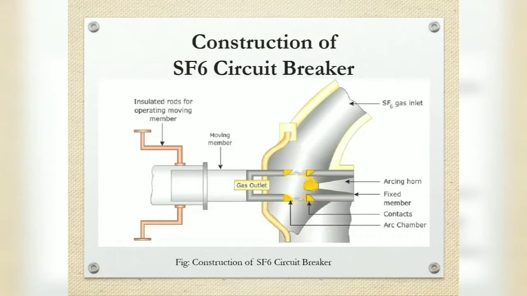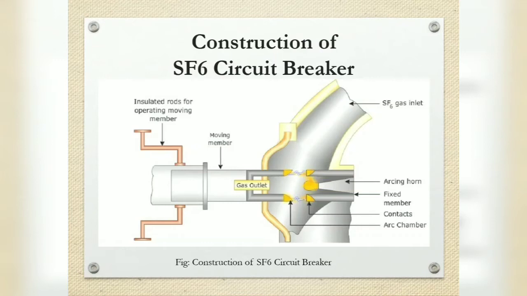So here we can see in the figure the insulated rod for operating the moving chamber or member. So it is a moving part. Then the gas outlet and SF6 gas inlet.